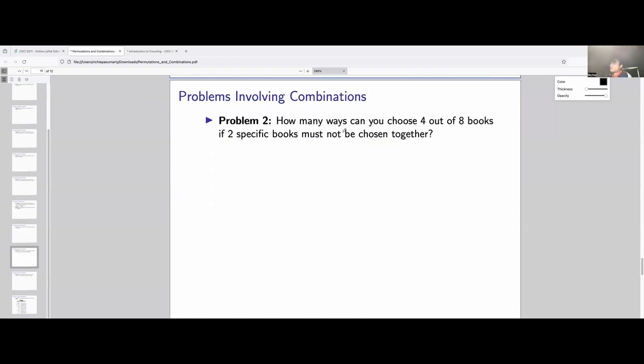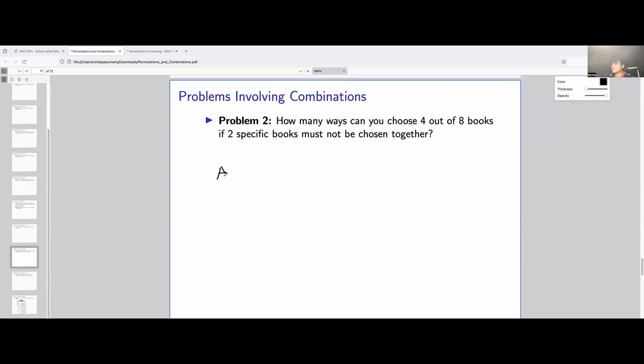Okay, so now here's a slightly different problem. How many ways can we choose 4 out of 8 books if 2 specific books must not be chosen together? This one is a little bit trickier, but let's see if we can try it.